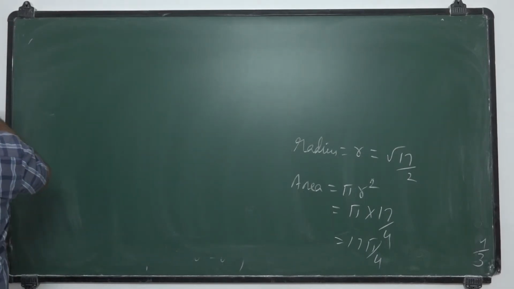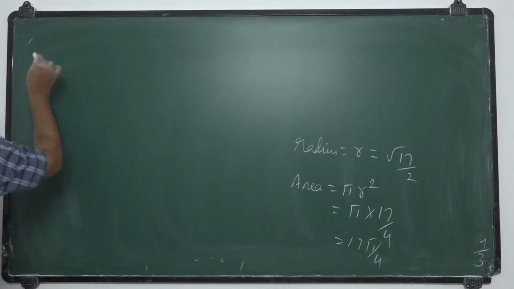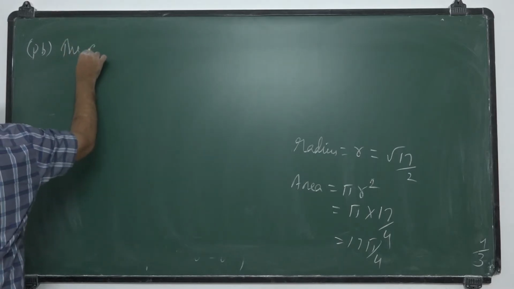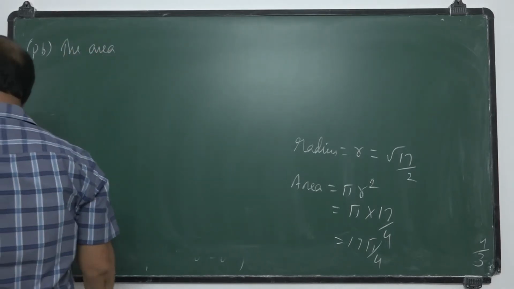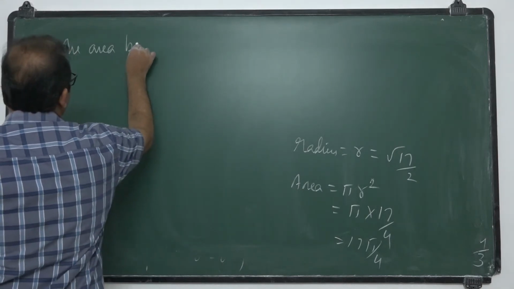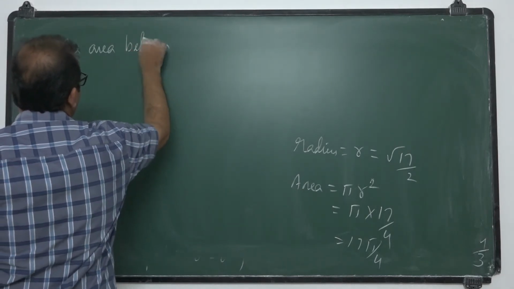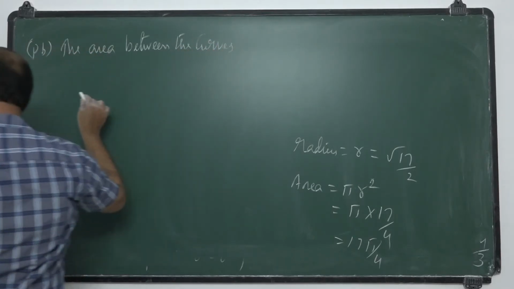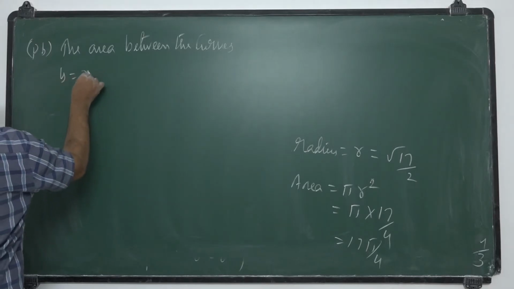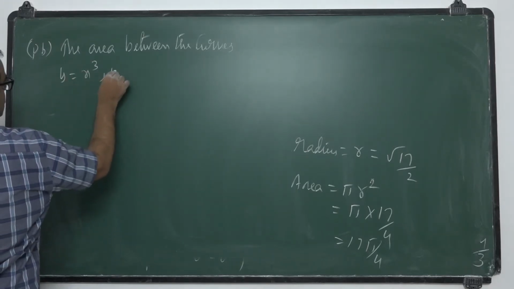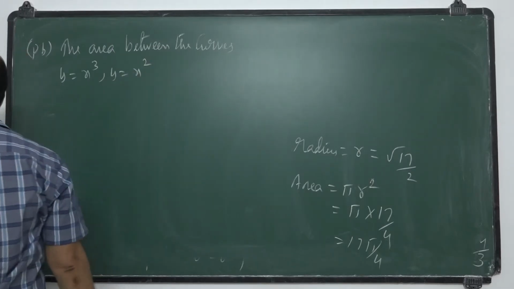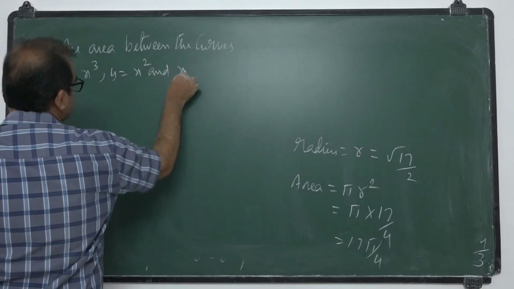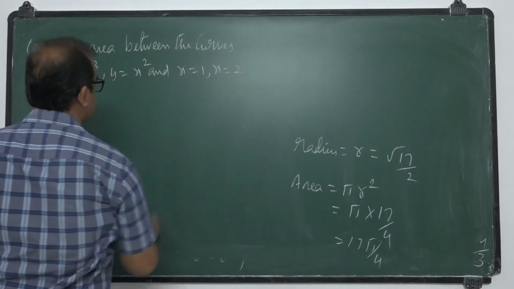Next, the area between the curves y is equal to x cube, y is equal to x square, and the lines x is equal to 1, x is equal to 2.